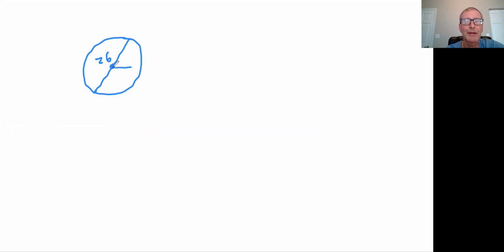So what is the radius? That would be half that. So the radius here would be 13 inches. And so the first thing we could look at is that we have the equation defined as the linear speed is defined as the radius times the angular speed.